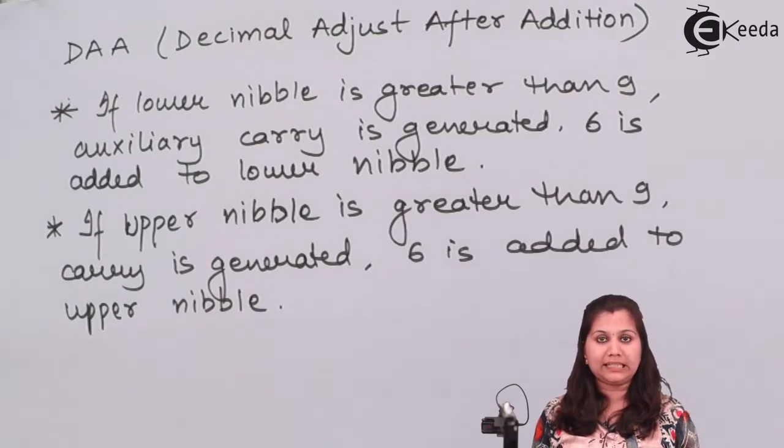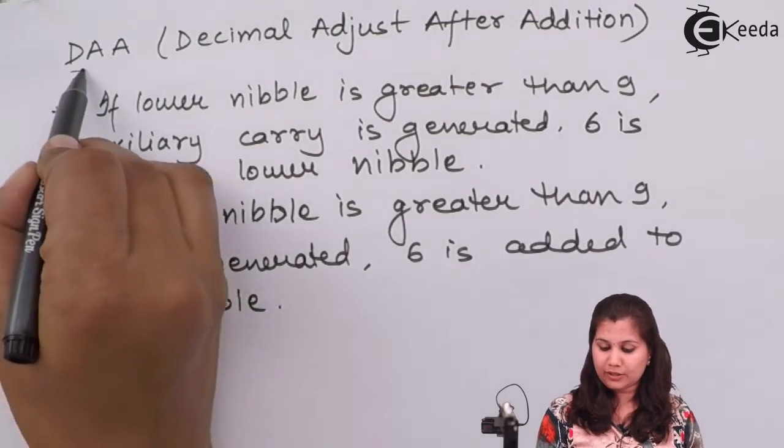If we want the result to also be a BCD number, then we use this DAA instruction. Whenever a BCD addition is done and we have a non-BCD number, we use DAA to get a BCD result.